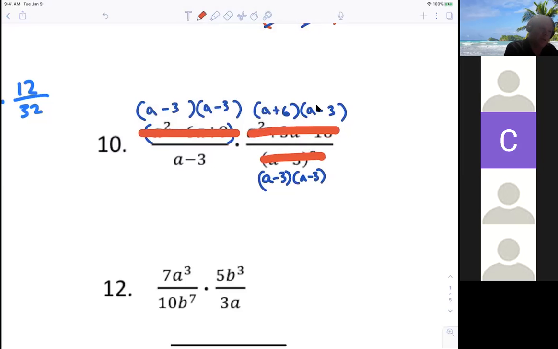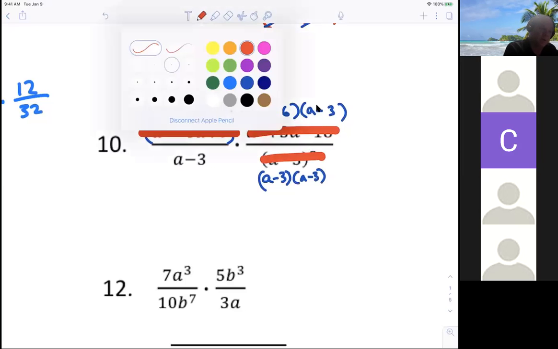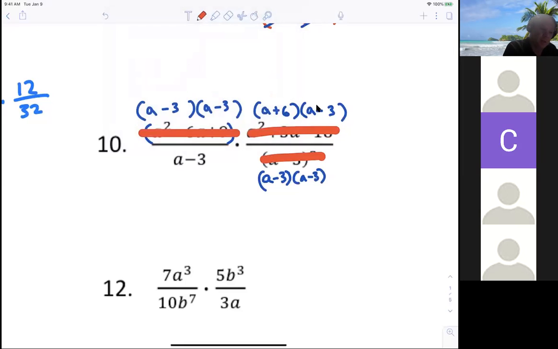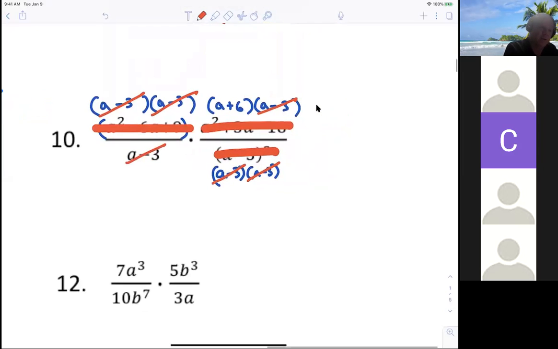Okay, so now let's look at crossing things out. A minus 3, a minus 3, a minus 3, a minus 3, a minus 3, a minus 3. Final answer, a plus 6. Now technically it's a plus 6 over 1, because if everything cancels, there's a 1.